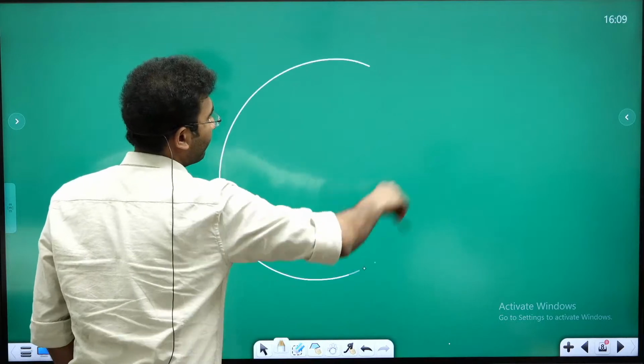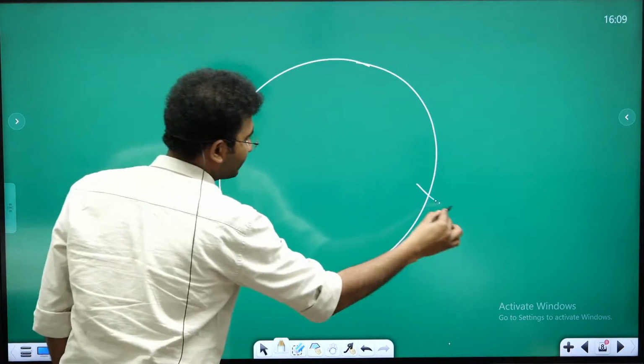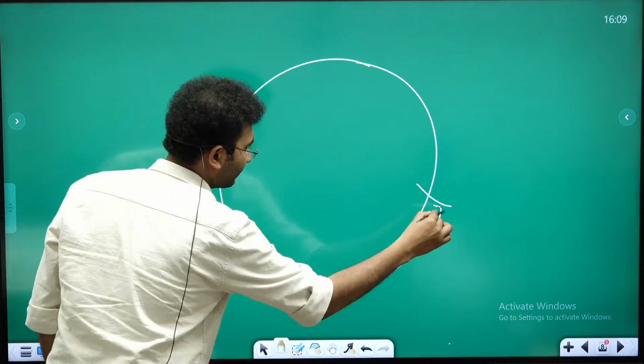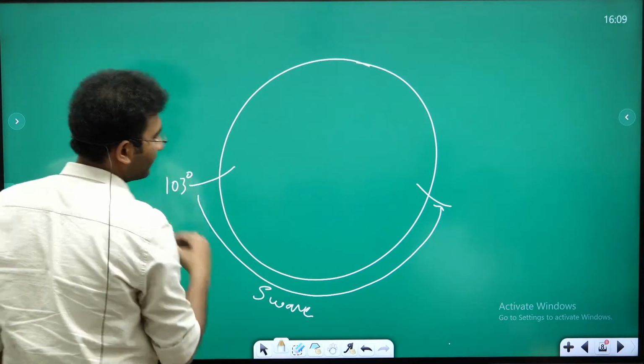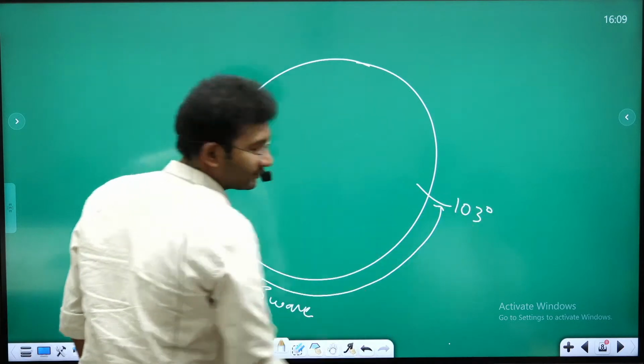If I have to draw it again, this is the shadow zone of the S wave, very big, 103 degrees to 103 degrees.